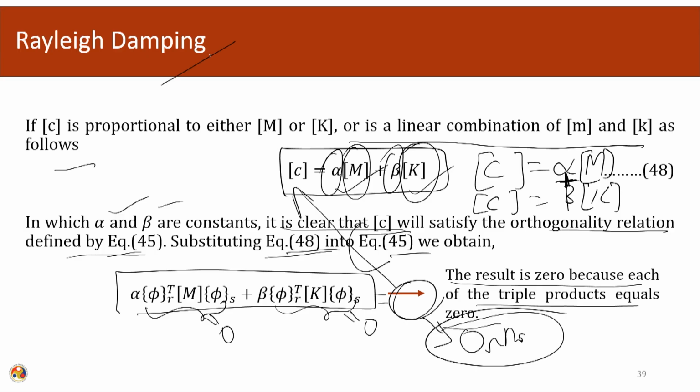So, this is called Rayleigh damping. In Rayleigh damping, the damping is proportional to mass and stiffness both. Damping is a linear combination of the mass and stiffness, and it satisfies the orthogonality condition.